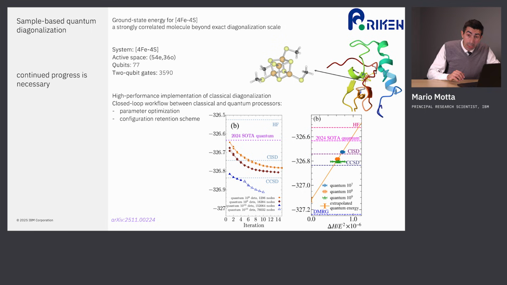However, upon carrying out an energy variance extrapolation, which is a well-understood procedure in precision many-body physics, we also gain a few more hundreds of milli-Hartree, and now our extrapolated quantum energy is a little bit lower than -327.1.